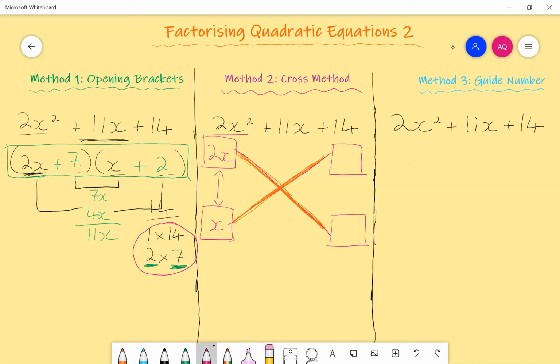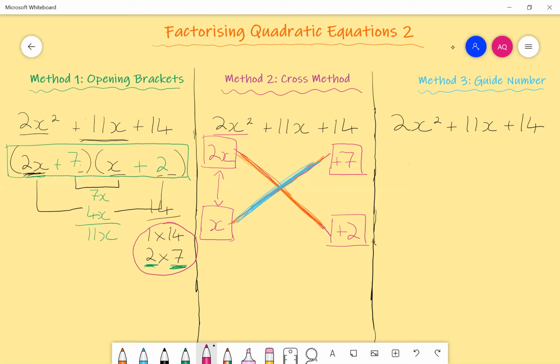So again, you can do some trial and error in your head, or you can write them down, cross them off, or write them out, whichever you wish. But we should end up with the following, so 7 and 2, because multiplying here, we get our 7x, and multiplying along the other one, we will get 4x, and our 7x and 4x, when we add them together, will give us 11x. The signs must be positive in both.